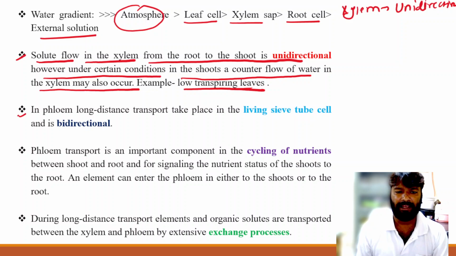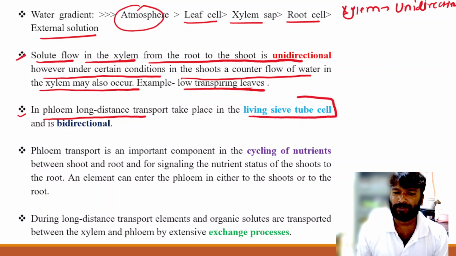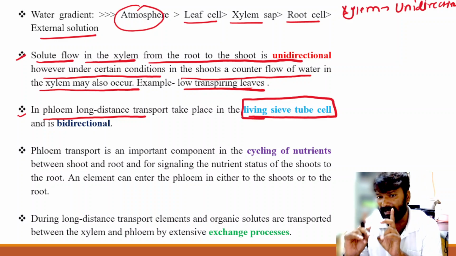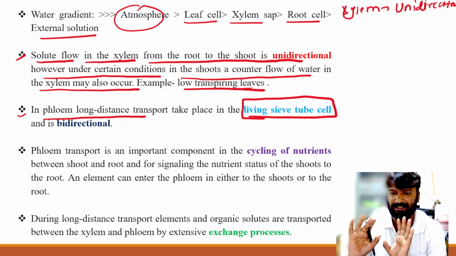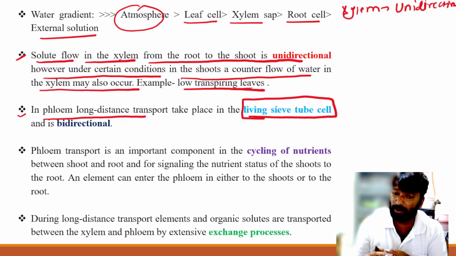But in the case of phloem long distance transport, the living sieve tube cells are involved. So what is involved in xylem? Dead cells, basal cells. And for phloem, what is involved?